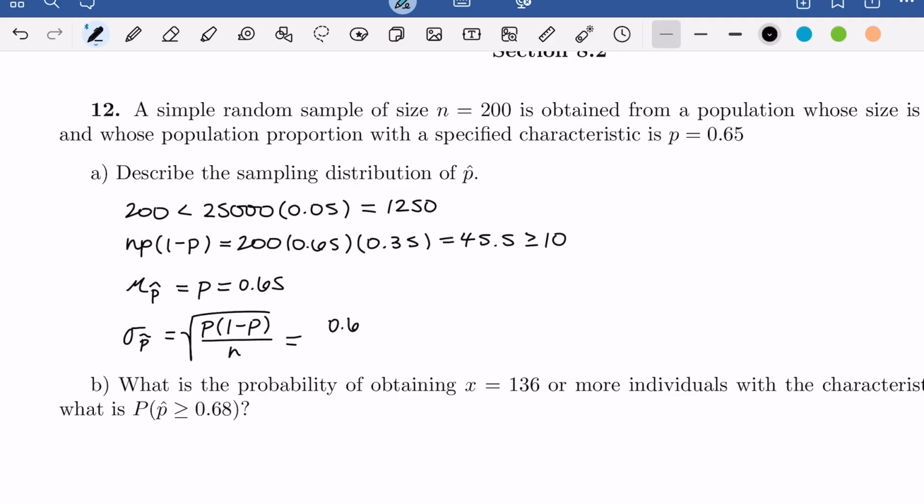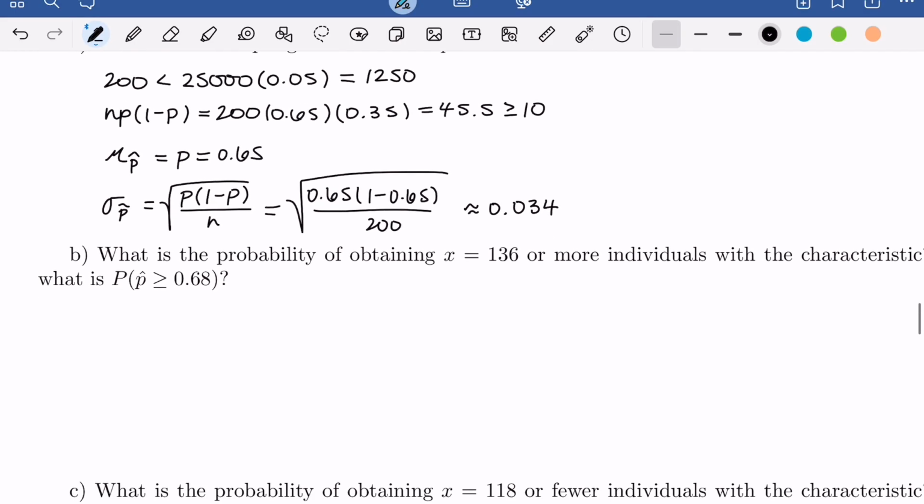This is going to be the square root of p times 1 minus p, divided by our sample size, which is going to give us approximately 0.034. All right, so that's what the sampling distribution of our sample proportion looks like.